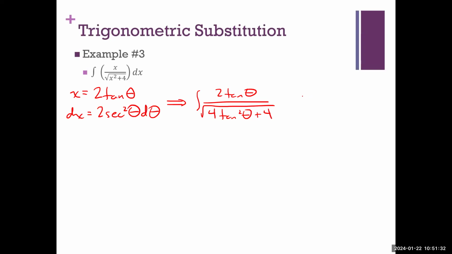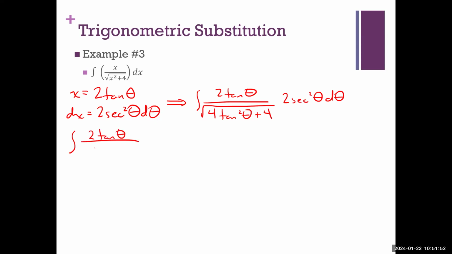That it? That's 2 secant squared theta d theta. Good. Now what? You take out the 4.